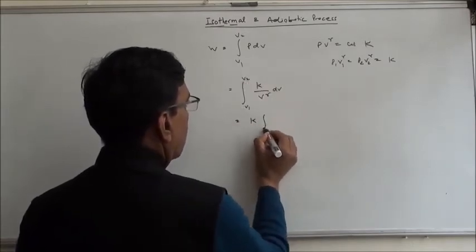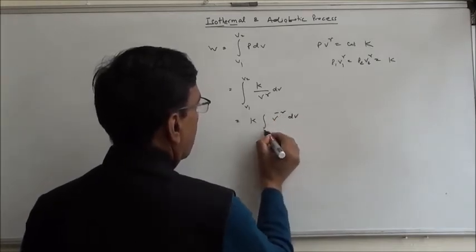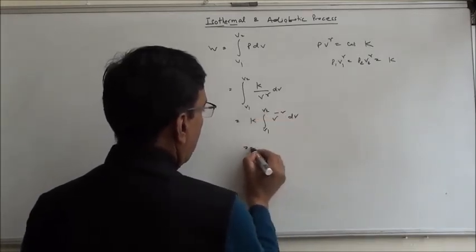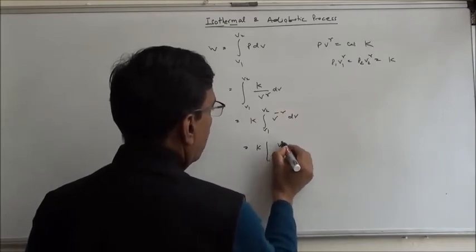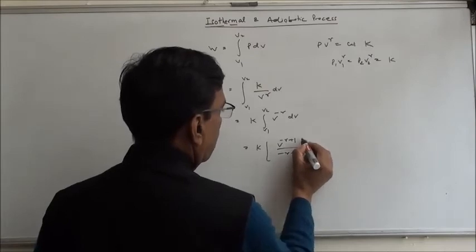It is K times V raised to the power minus gamma, dV. And now if I integrate, V raised to the power minus gamma plus 1, over minus gamma plus 1.